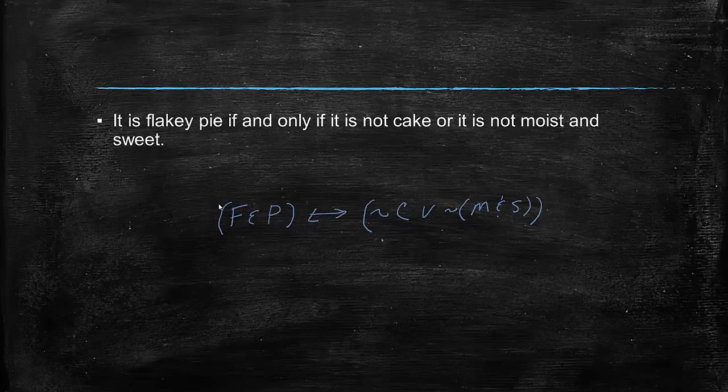And then the whole thing requires brackets. Okay? Notice you're always going to have an even number of brackets. So if you ever count and you get an odd number, you know you've done something wrong. So it is flaky pie if and only if all this. It is not cake or it is not moist and sweet. Notice this says it is not the case that it is moist and sweet.